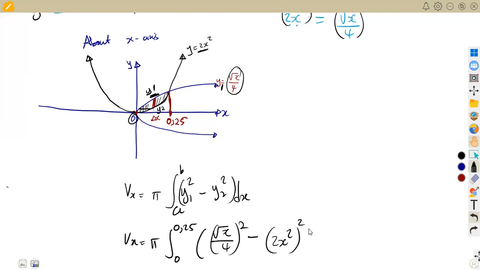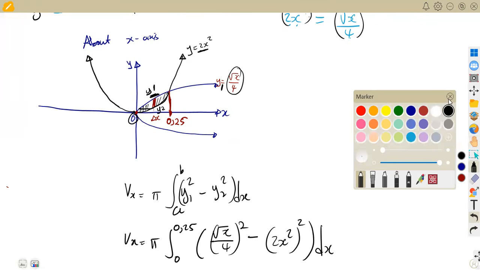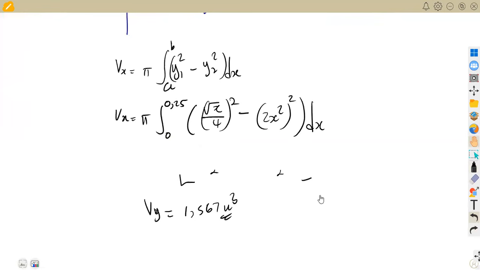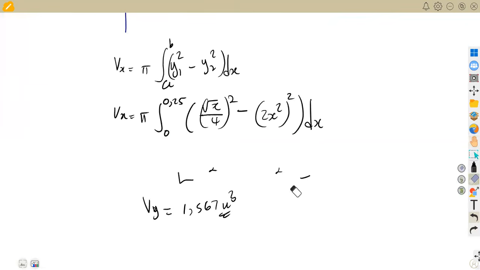All right, so this being squared, we are going to integrate this with respect to x. Let's integrate, substitute our limits, and we are done.